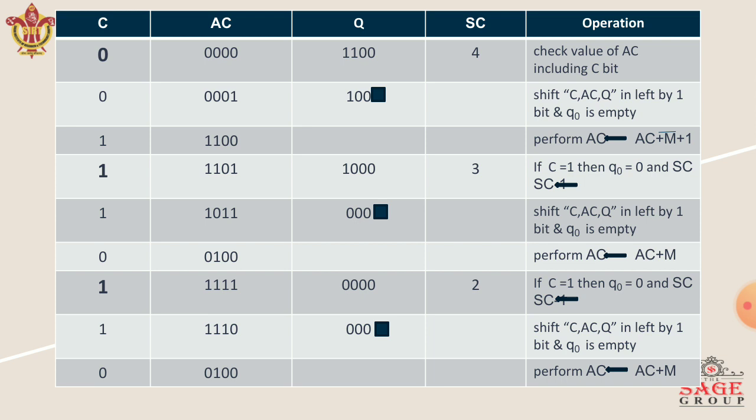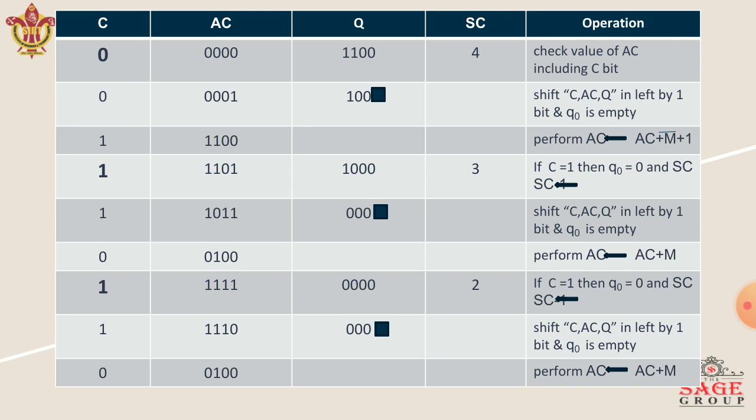So Q0 goes to 0 and SC is decremented by 1. So SC goes to 3; previously the value of SC was 4.